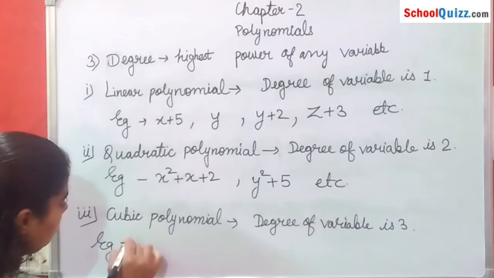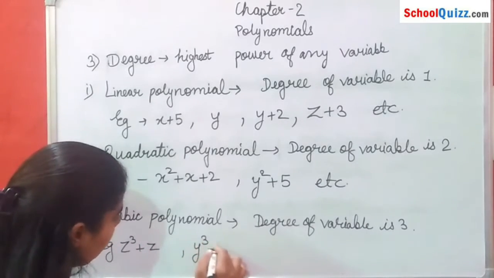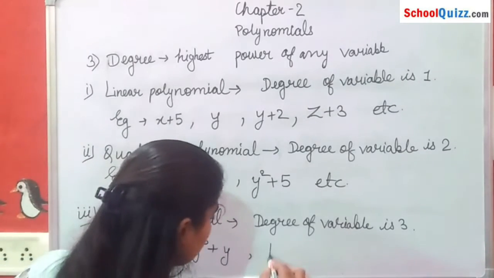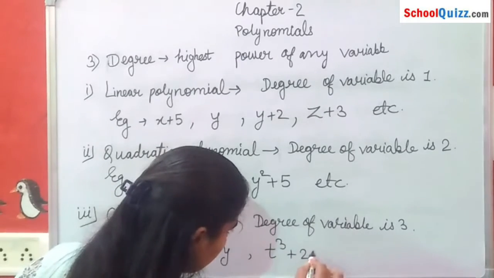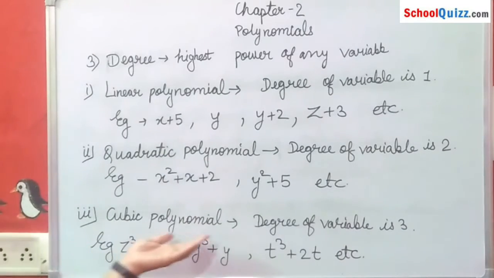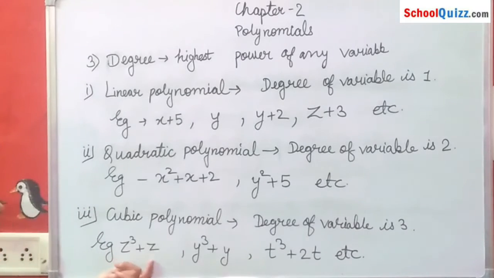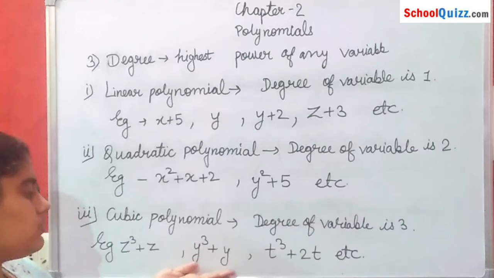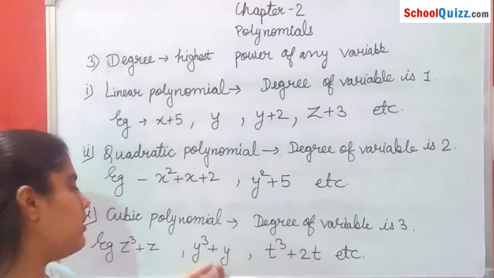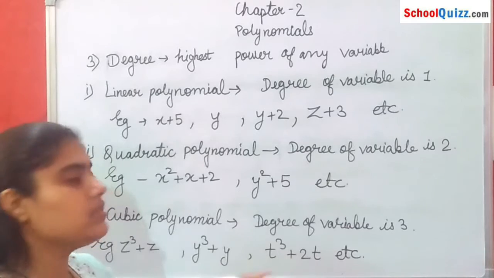For example, z cube plus z, y cube plus y, t cube plus 2t, etc. Like here, the degree is 3. Similarly, in this example of variable y, the highest power is 3, so the degree is also 3. In this example also, the degree of the variable is 3.